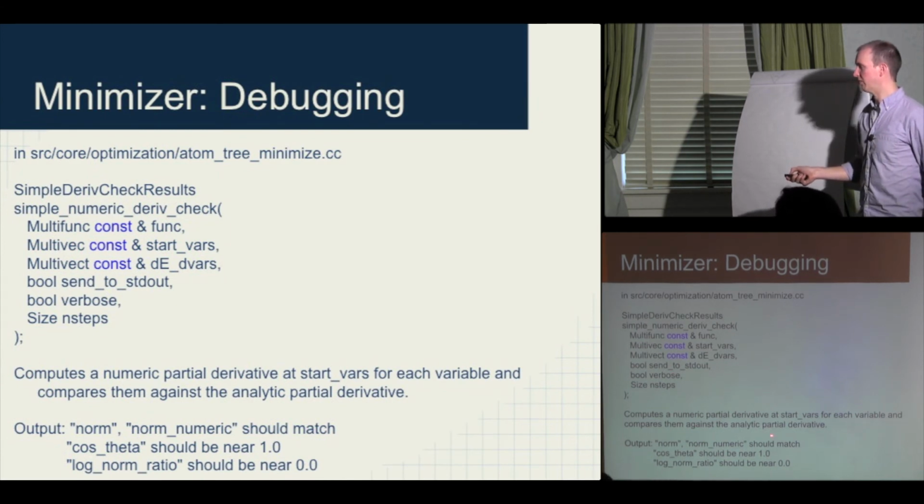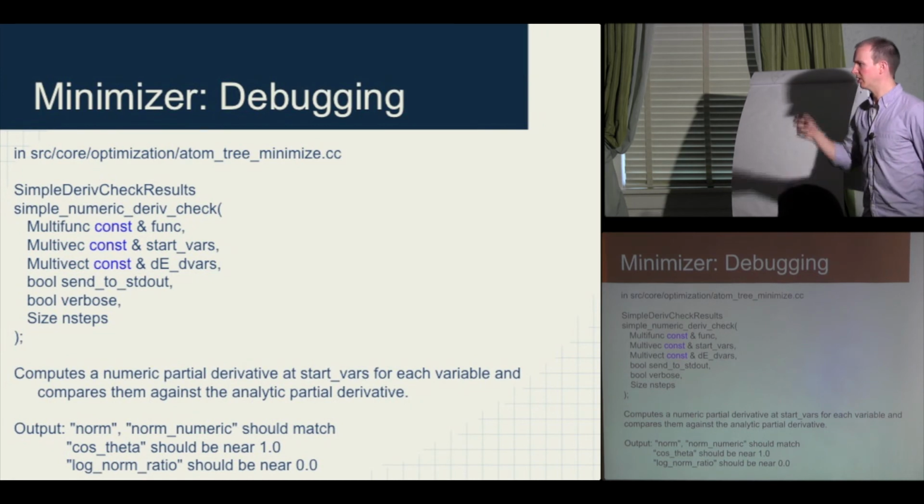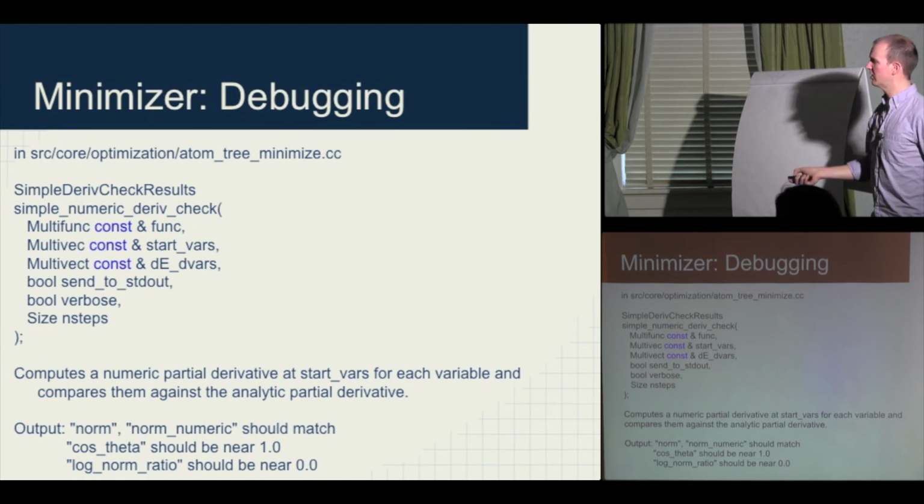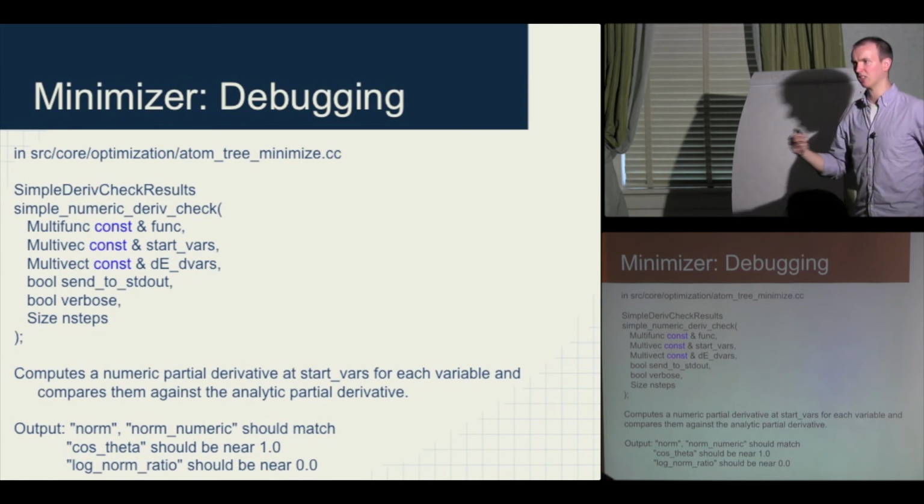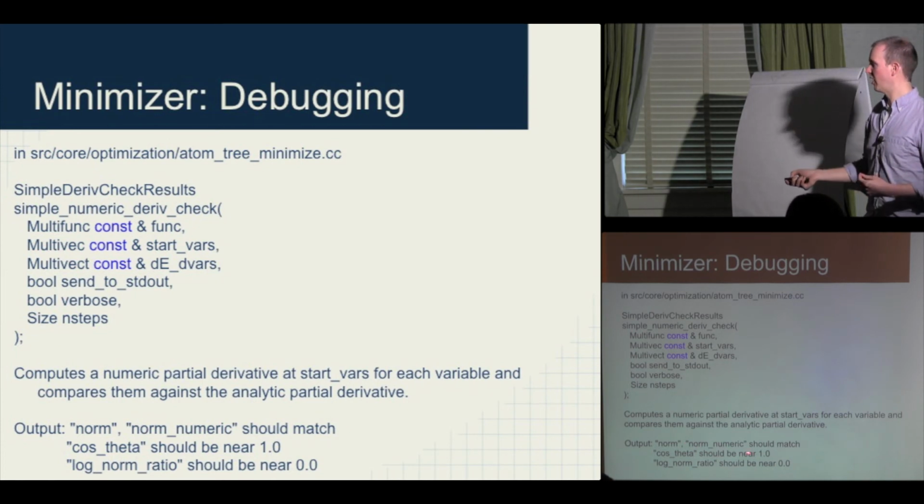It compares the numeric derivatives against the analytic derivatives, and its output is of the form of norm and norm numeric. These two values should match. The norm is the length of the gradient vector, and norm numeric is the length of the numeric gradient vector.